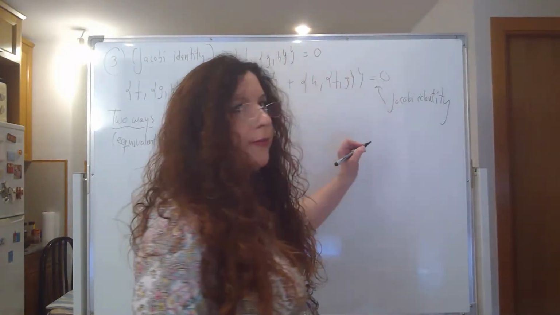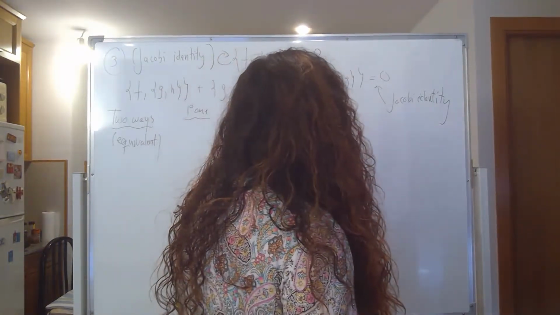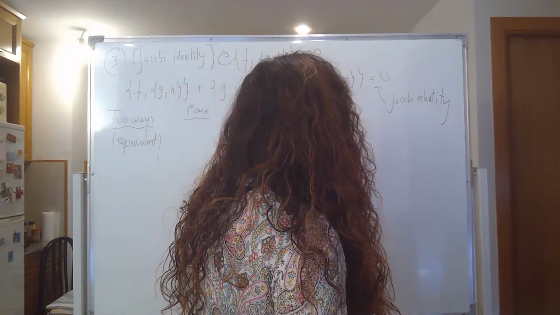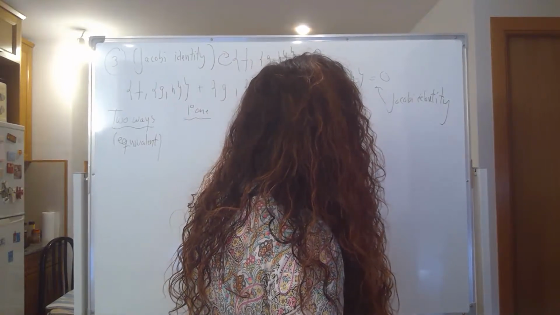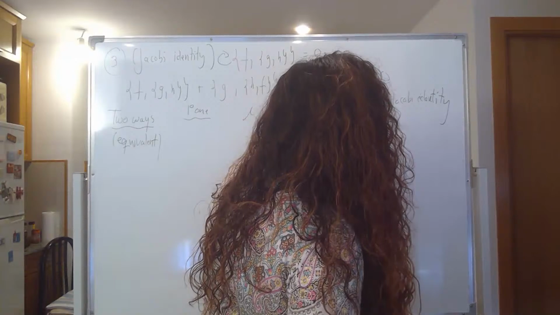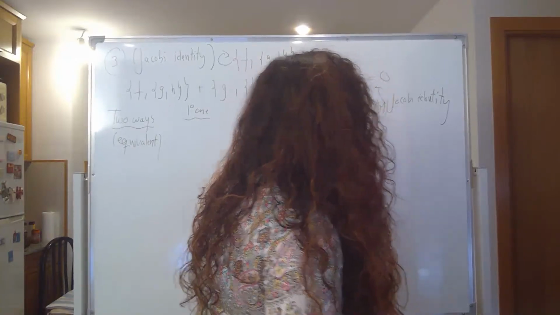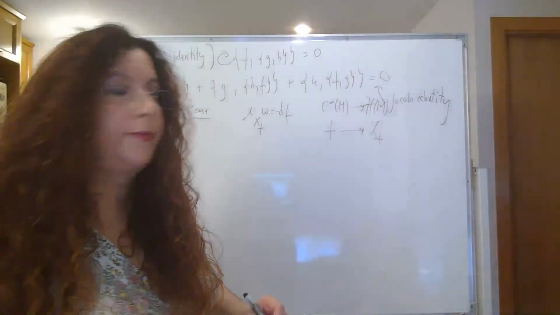I sort of mentioned that you can consider the bracket from the set of functions to the set of vector fields and check that this is a Lie algebra morphism.